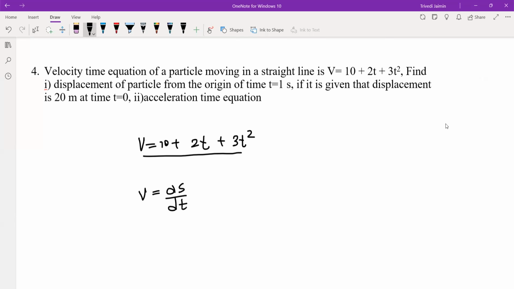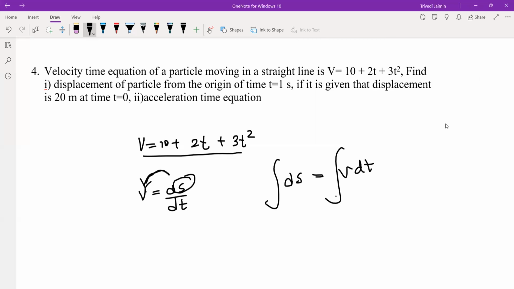But now we need to find the displacement. If displacement is given, we can find velocity. Now, how do we find displacement if velocity is given? ds equals v dt, so we need to integrate.